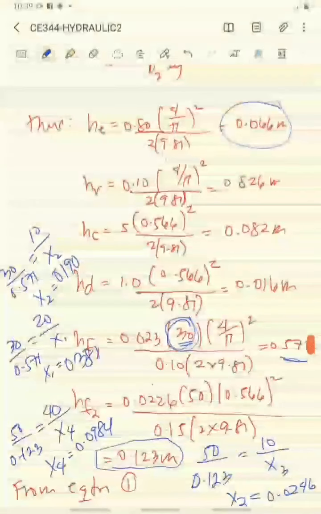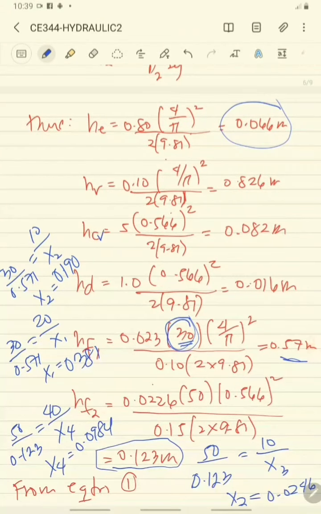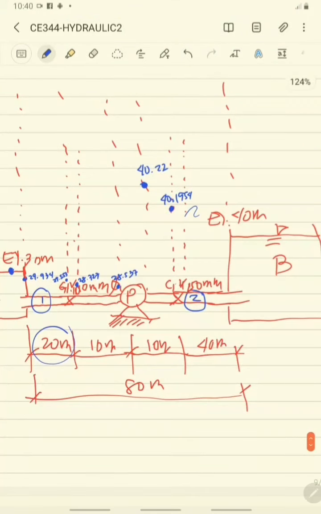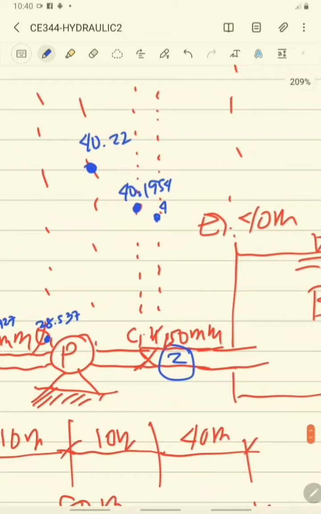For the check valve, you have 0.082. So minus 0.082, you have 40.1134.